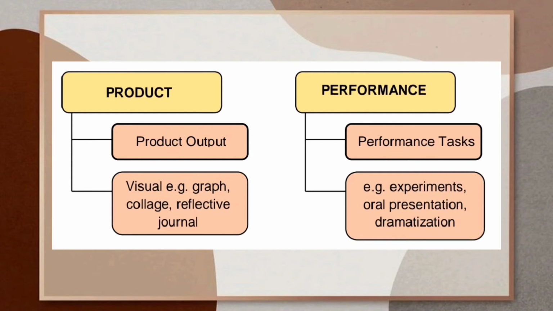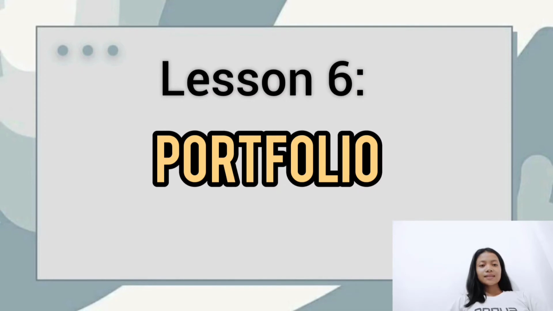Halimbawa ng product are the reports, papers, research projects, and reviews. Next is the performance. Halimbawa ng performance test are executing steps of tango, delivering a keynote speech, opening a computer, and demonstration teaching.